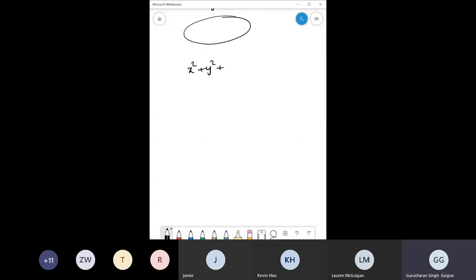So now coming back to the equation of the circle: x square plus y square plus 2gx plus 2fy plus c equals 0. If you know the full equation of the circle, you can get the center and radius of the circle. How? The formula is given in your logbook. The center is minus g comma minus f, and the radius is the square root of g square plus f square minus c.